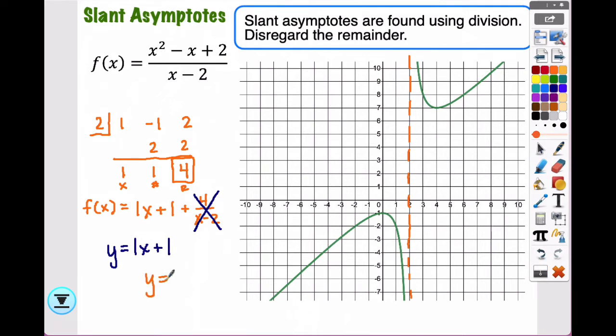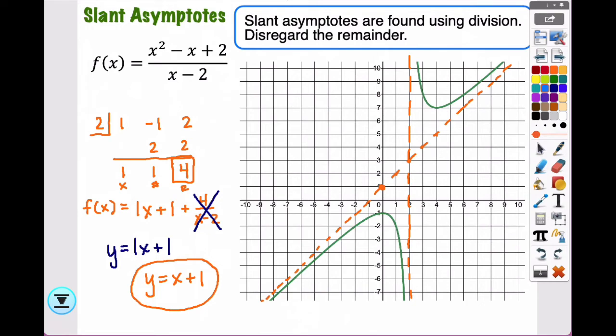So let's graph y equals x plus 1: a y-intercept of 1, and then it goes up 1 over 1, up 1 over 1. And that's our slant asymptote. Amazing. Just a quick little division and you'll have the equation for that line.